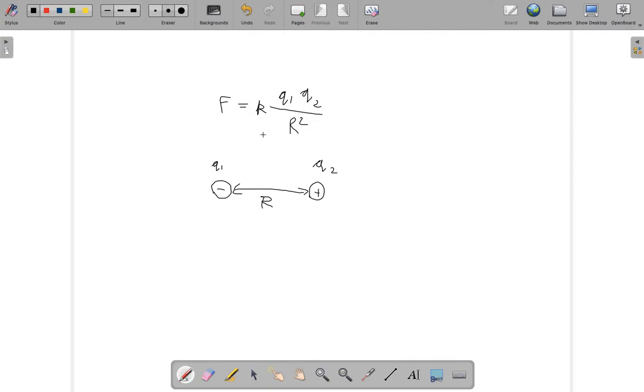Now this constant over here can also be written as, sorry, not F, k, Coulomb's constant, equals 1 over 4 pi epsilon naught, and this over here is the permittivity of free space, or the permittivity of a vacuum.